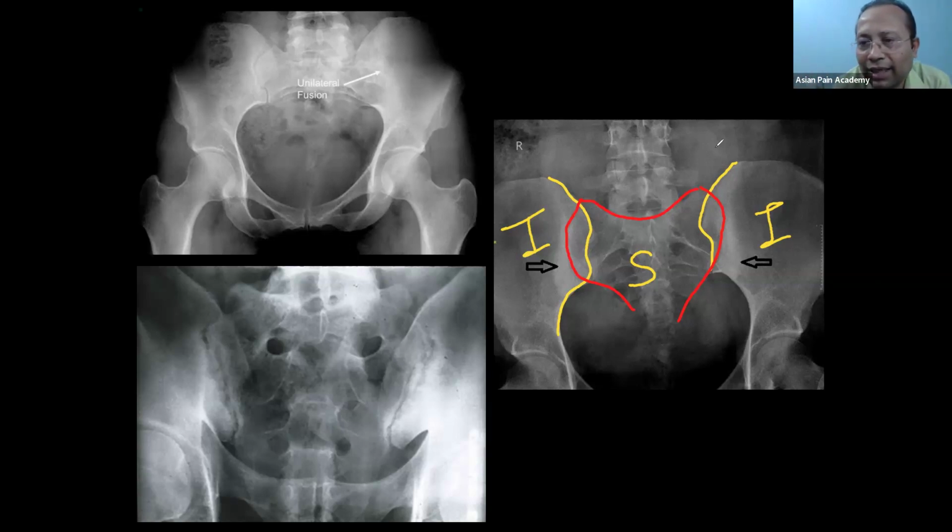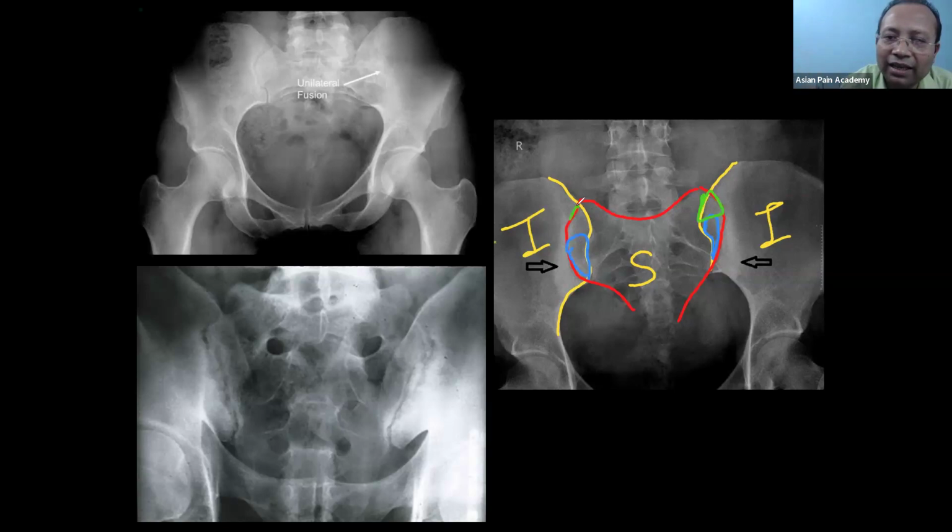As I said, this much is the joint. Say, this much is the joint area. The rest of the area, the upper part, is actually hanging.